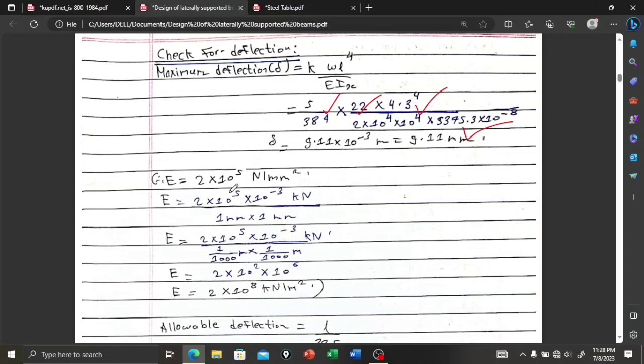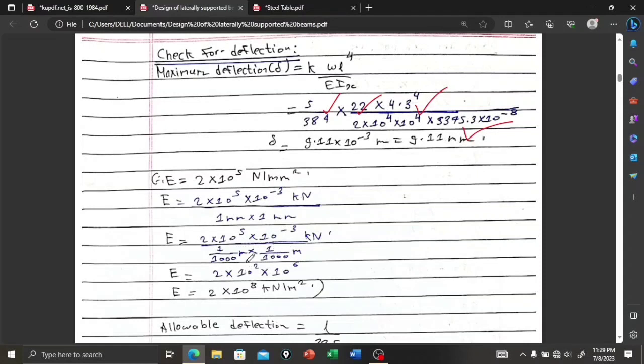The value of E is 2 into 10 power 5 megapascal or Newton per mm square. To convert Newton into kilonewton, we divide by 1000, and mm square is 1 millimeter into 1 millimeter. So to convert millimeter into meter, we divide by 1000 and 1000 here.